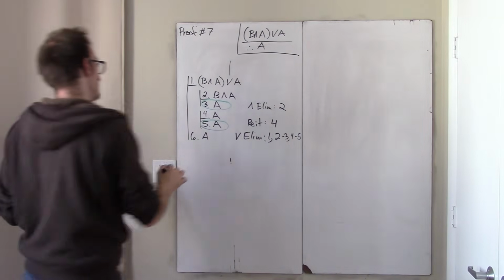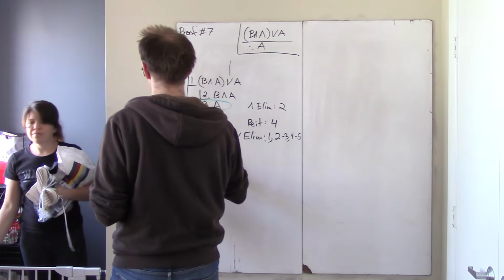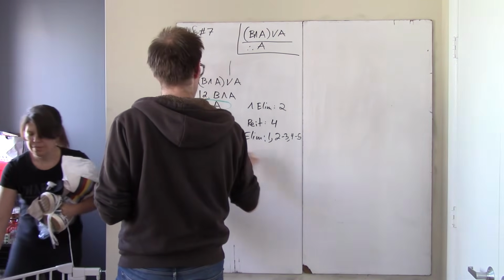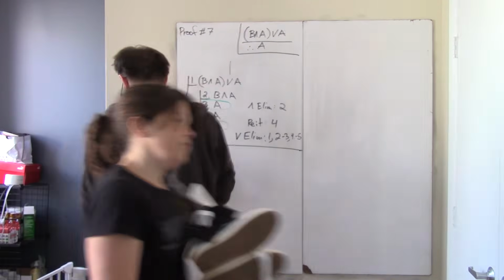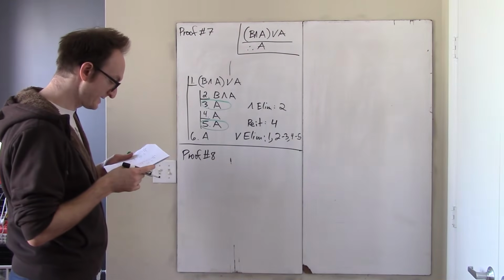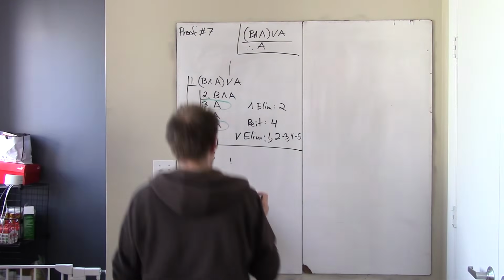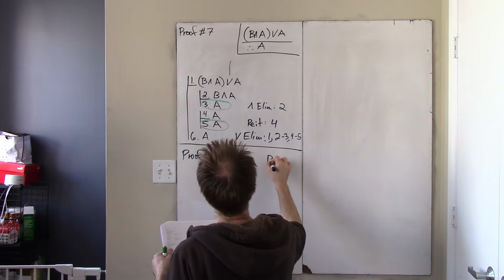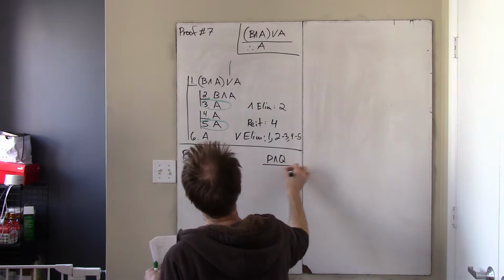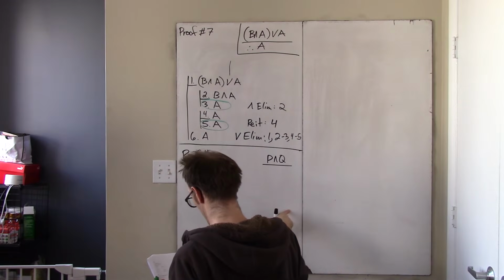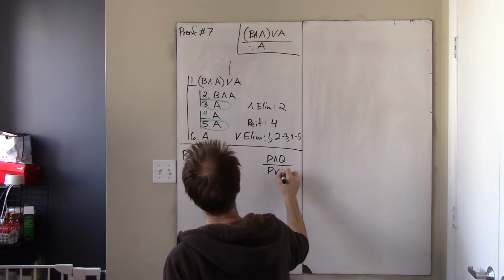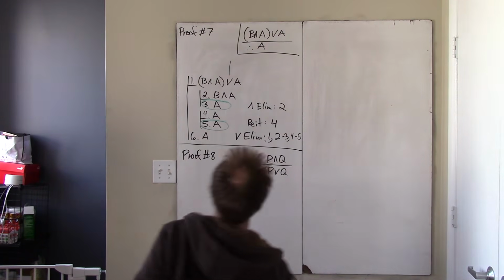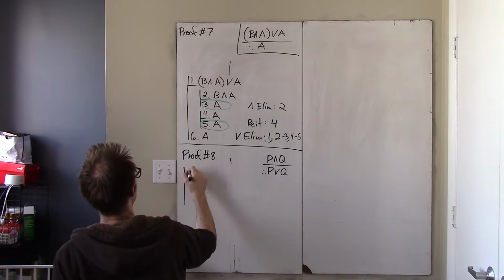Proof 8. Woo. Is quite short. Not even sure why this is on here. The argument says, dude, if you know P and Q, you can certainly conclude P or Q. Okay, this is just a simple proof.